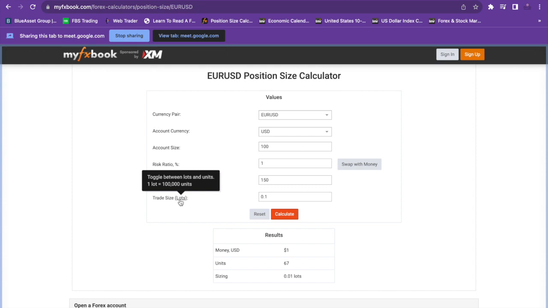One lot is equal to 10 cents on your cent account. So it's reduced the risk significantly for you. All right. So look at this. If you hedge this trade right now, so let's say you do take the trade and it does 150 pips and you hedge, the only money that would be locked up in your account is $1.